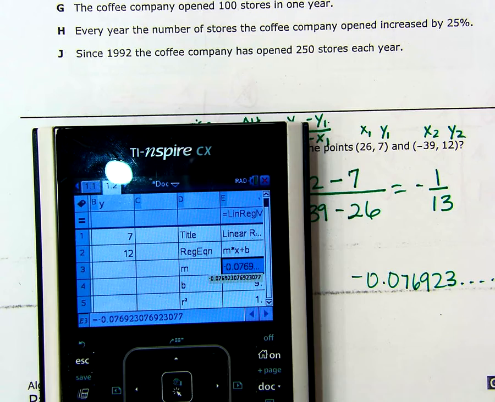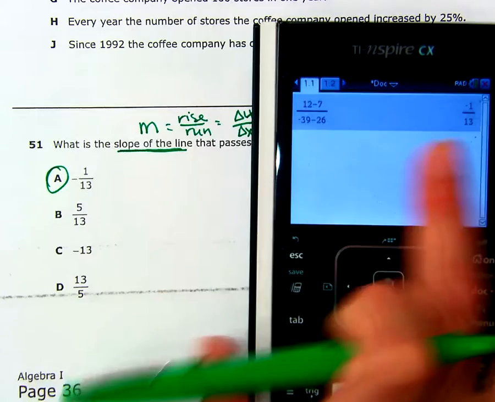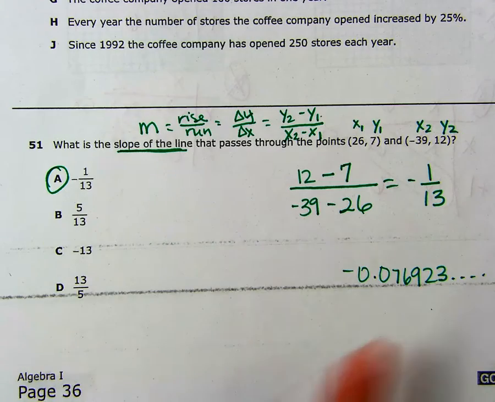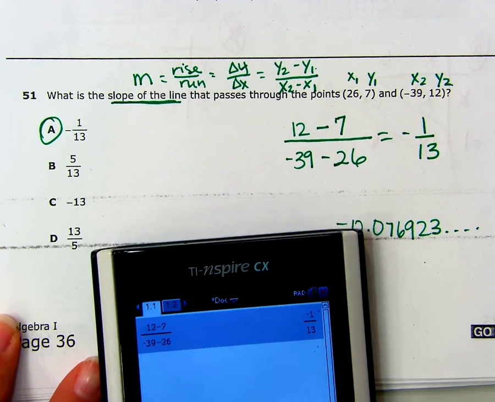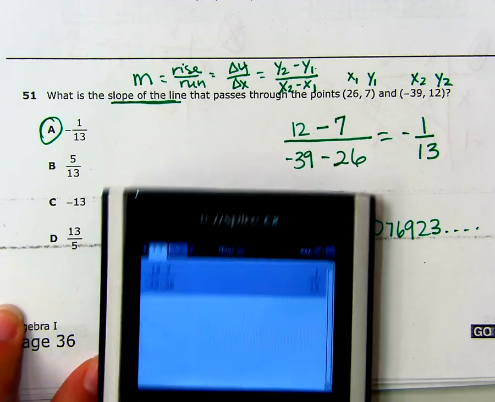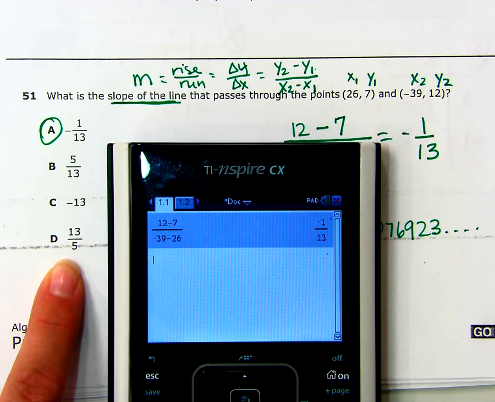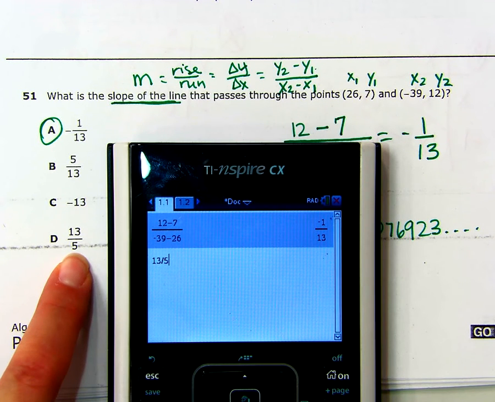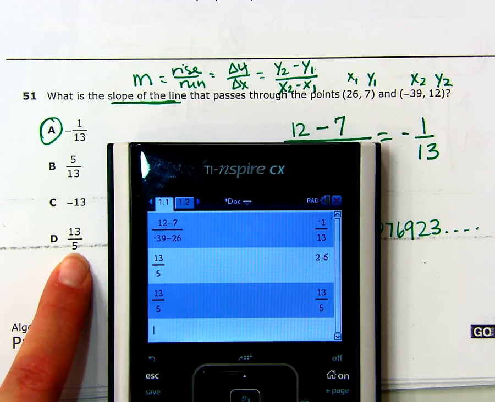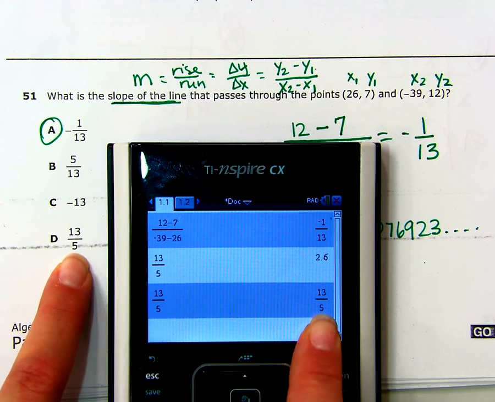So then what I've got to do is go back to my home screen and put in these answer choices and see which one has the same decimal as the value in my lists and spreadsheet. So let's do one I know is wrong, 13 divided by 5. The way I get this to a decimal is I press Control and then Enter. If I don't do that, if I just press enter, it's just going to spit that fraction back out to me.